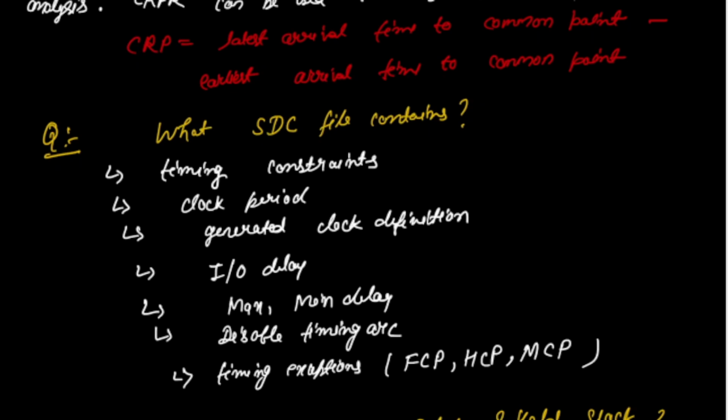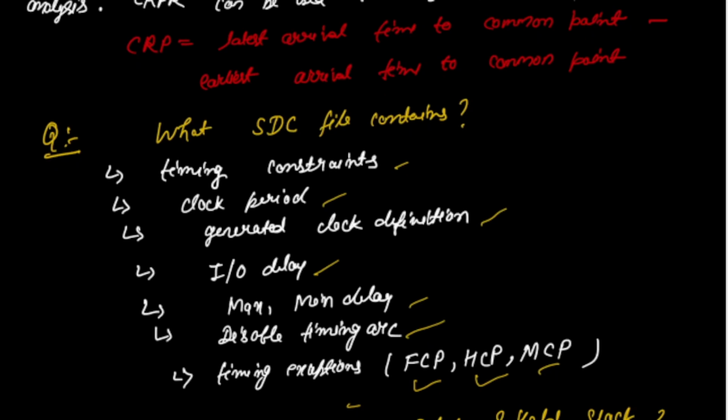Next question is, what does the SDC file contain? The synopsys design constraint. It will contain timing constraints, clock period, the needed clock definition, input output delays, maximum and min delay, disable timing, timing exceptions like false path, multi-cycle path, half cycle path.